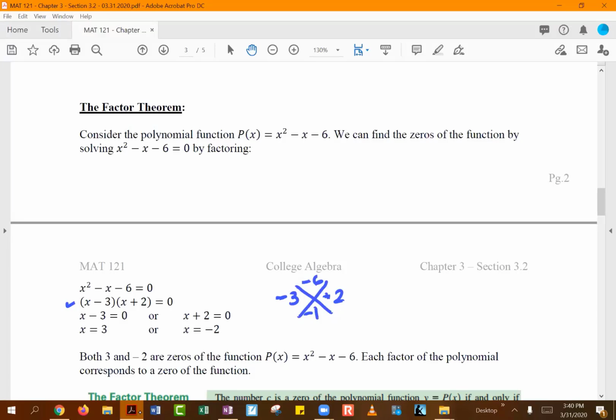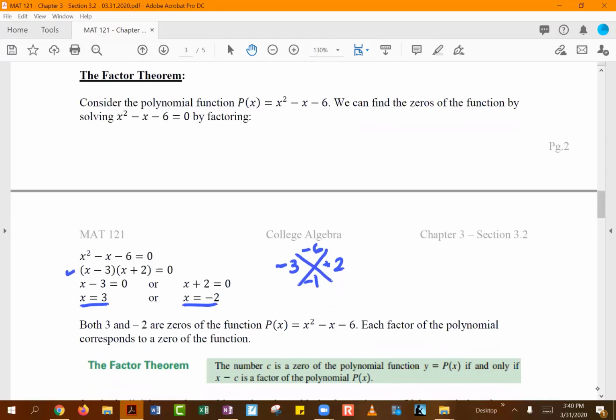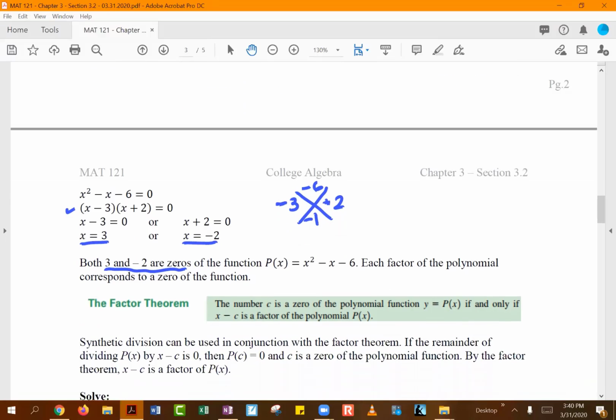Take each factor, set it equal to 0, and then you end up getting x equals +3 and x equals -2. Now these two numbers are going to be zeros of our polynomial function. If you take the numbers 3 and -2 and put them back into your polynomial function for x, you will get zeros as your answer.